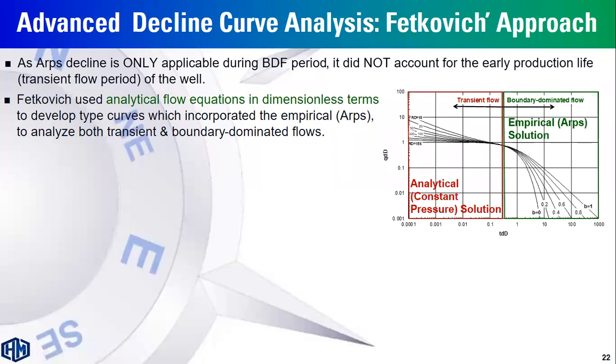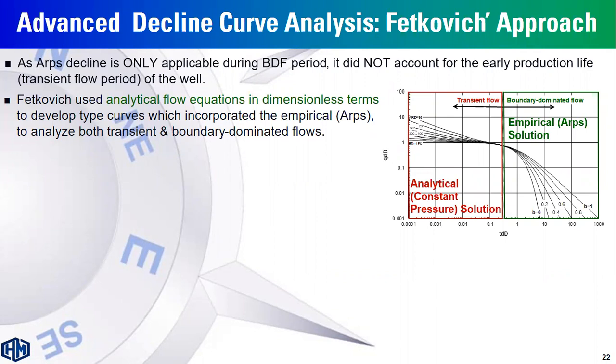Due to the limitations of Arps equation, because Arps is only applicable during the boundary dominated flow. Additionally, Arps equation didn't account for the early time data, the early production life of the well.